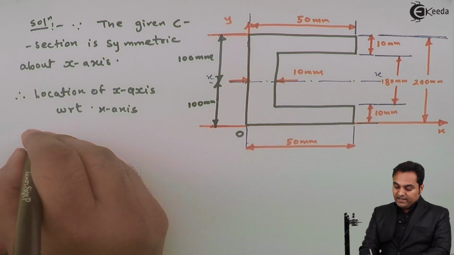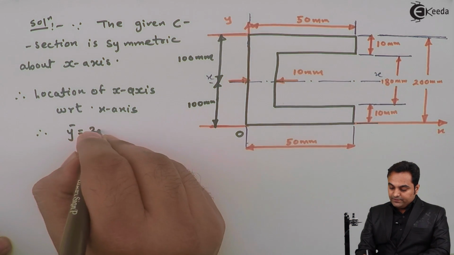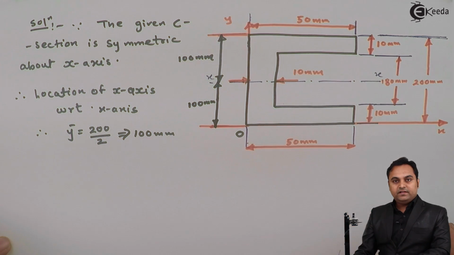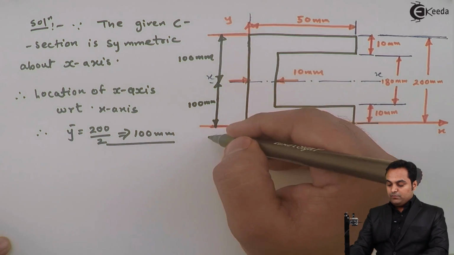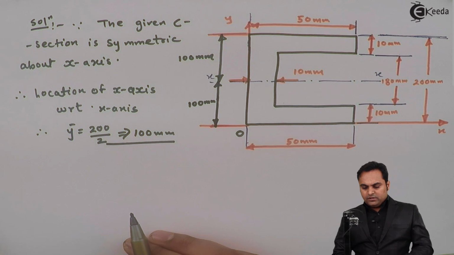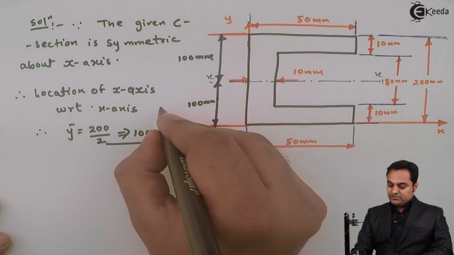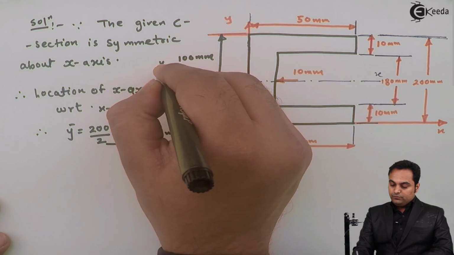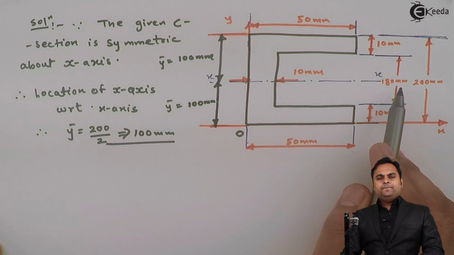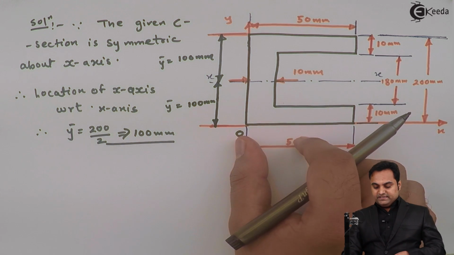This distance will become y bar, so y bar will be equal to half of 200, so this is 100 mm. So we can say that the 100 mm distance is the same from bottom as well as from top. Now after getting y bar, we even need to know x bar. Once we know this distance is y bar from bottom and top, it is clear that the centroid will be on this line. Now where will that centroid act? That distance would be called x bar.